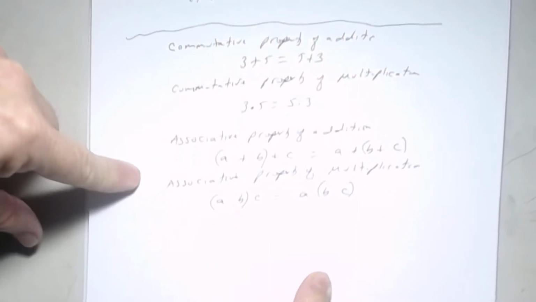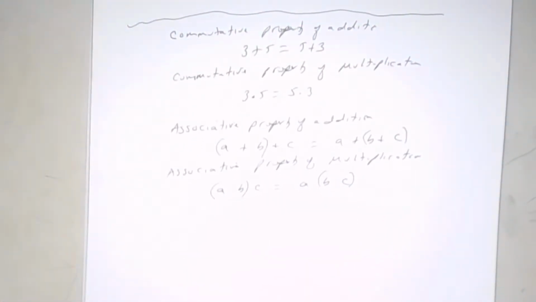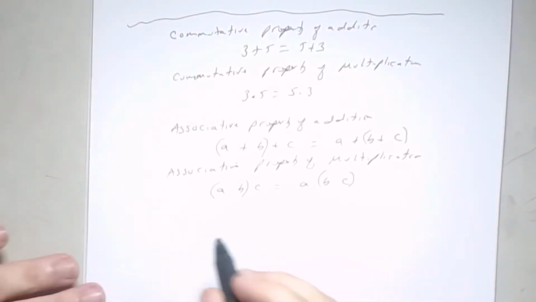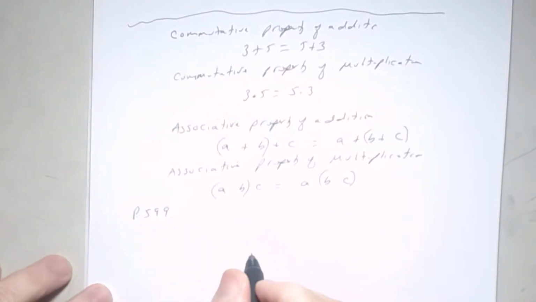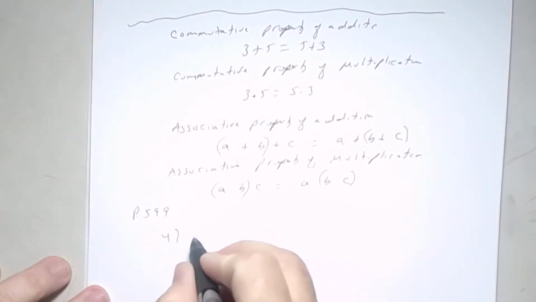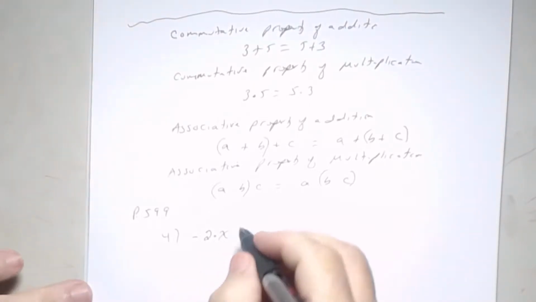Now when we look at some examples with this, so this is going to be on page 599. Okay, so in 599, this is number 4, you have negative 2 times x. So that's what you have. The direction says use a commutative property to complete this statement.